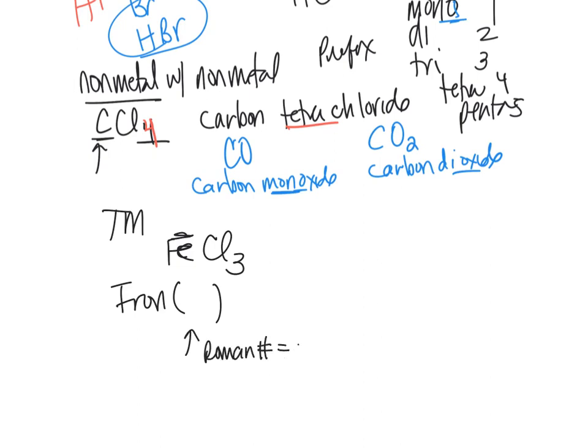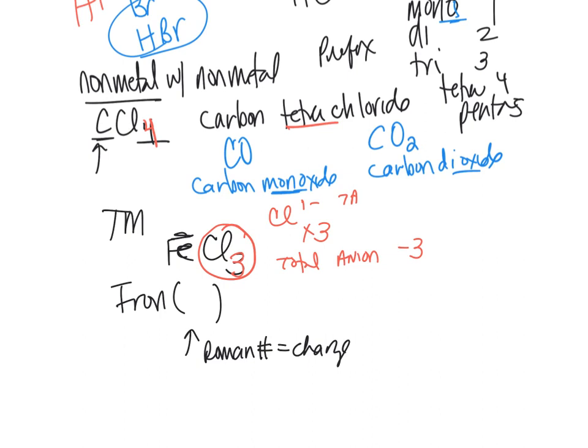And that Roman numeral is going to be your charge. So the way you figure that out is you've got to look to the anion, and you know that Cl is in group 7, so that's 7A, so it's a 1 minus, and you see that you have 3 of them. So your total anion charge, the negative charge, is -3.